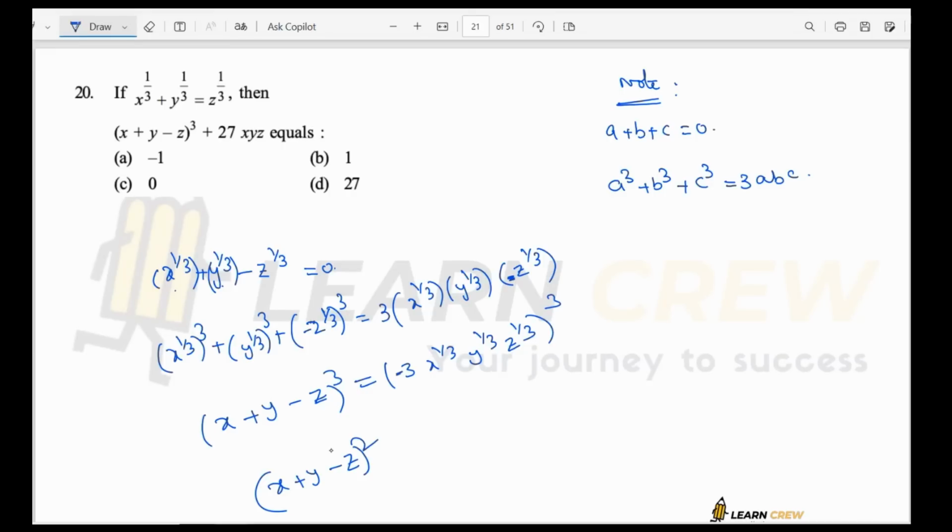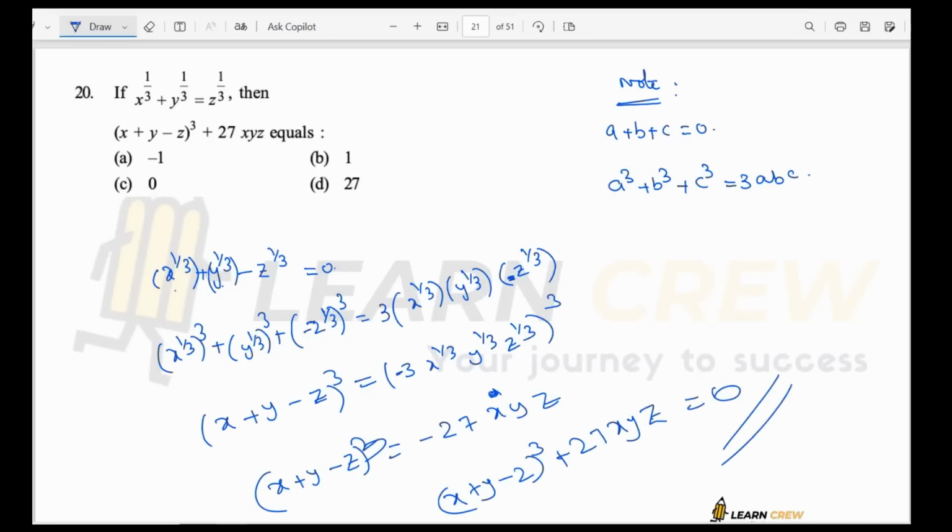So minus, which is equal to minus 3 cube, that is minus 27 xyz. Yes or no? When this minus comes to this side, x plus y minus z whole cube plus 27 xyz is equal to how much? 0. So the answer is 0.